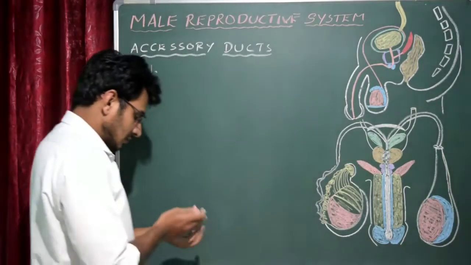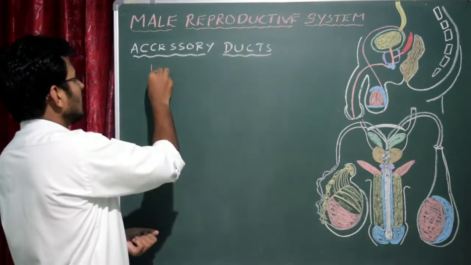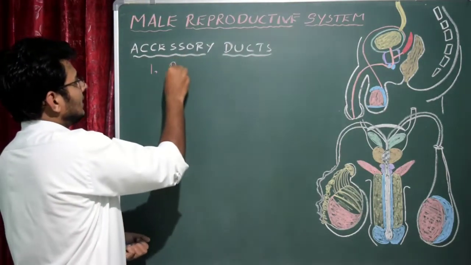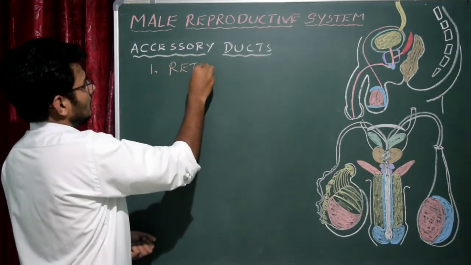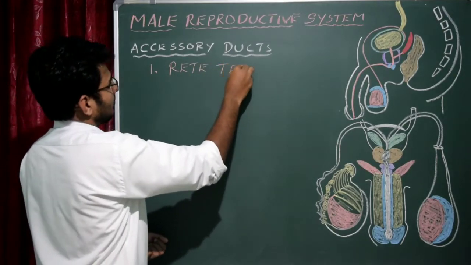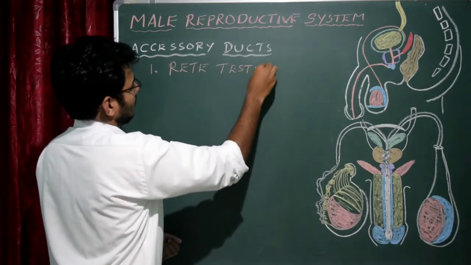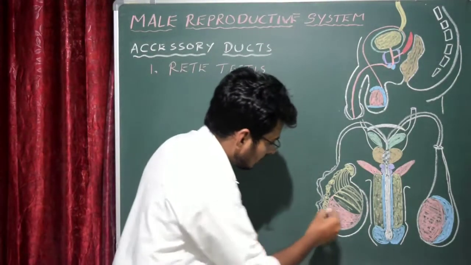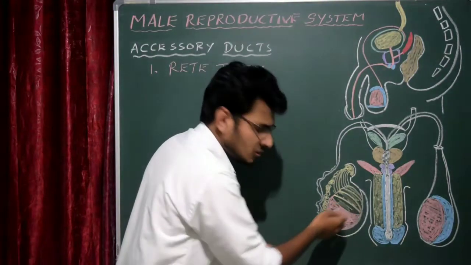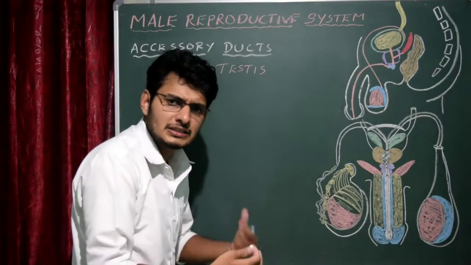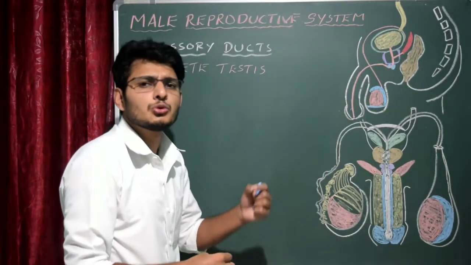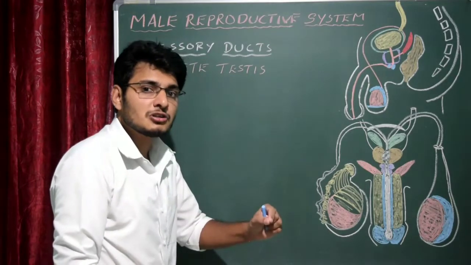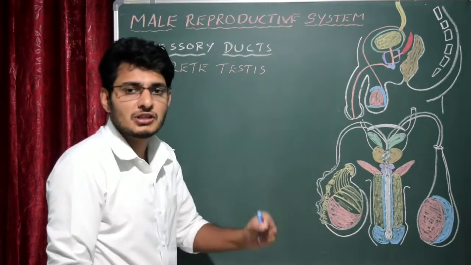The first pipe system or duct is called the rete testis. Here I just want to tell you that these are all the testis, which contains a lot of testicular lobules, each testicular lobule containing around 2 to 3 highly coiled seminiferous tubules, where inside the seminiferous tubule spermatogenesis takes place.